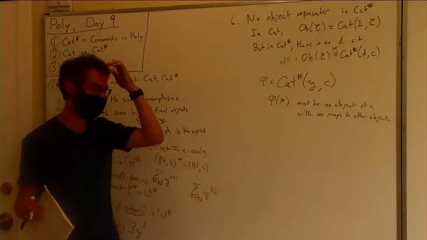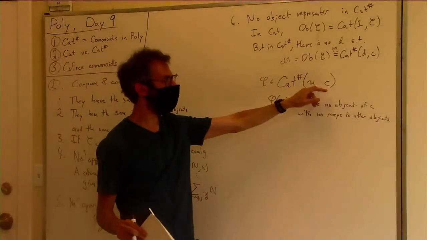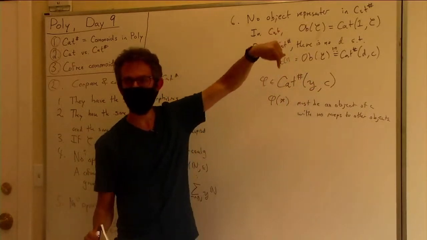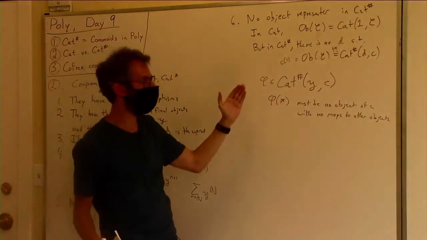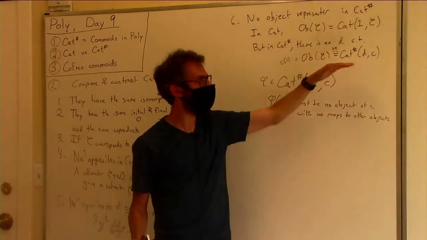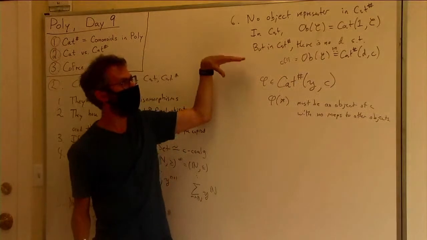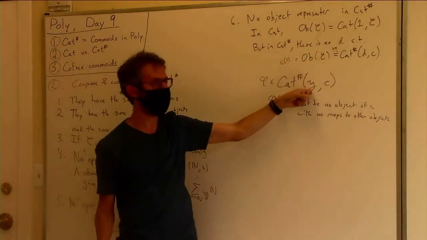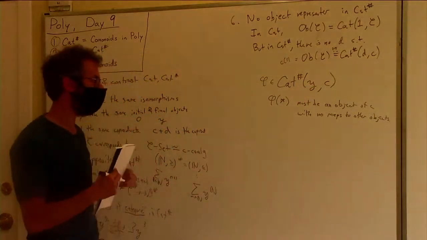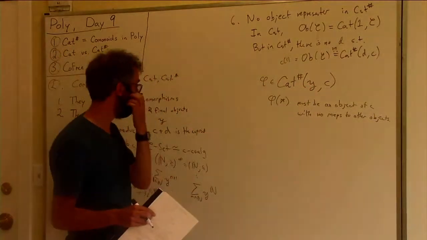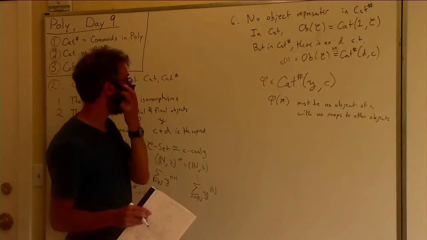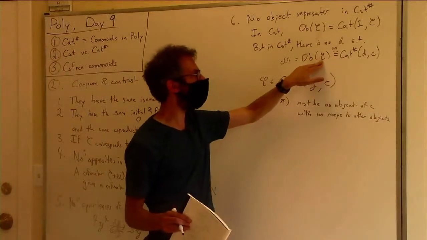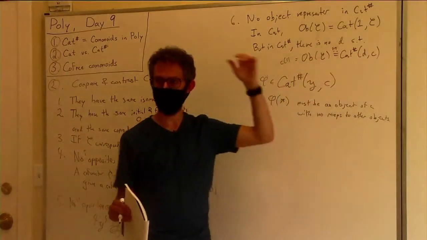It's a really strange condition. It sends it to something, and that thing can have morphisms in as many as you want, and it can have morphisms out as long as they point right back to it. Because if they pointed to somebody else, then those morphisms, when they get pulled back, would have to have that other thing as codomain, but there's only one object here. So you just can't do it. There's no object representer. You can't grab the objects of C by mapping in or out of C.